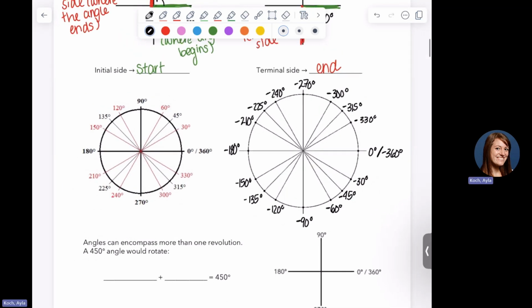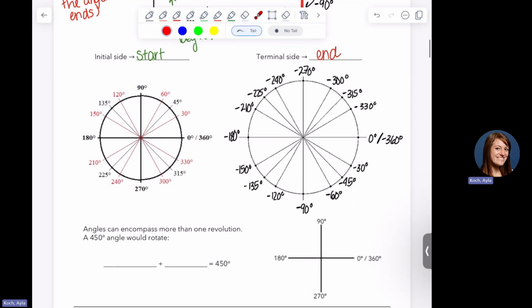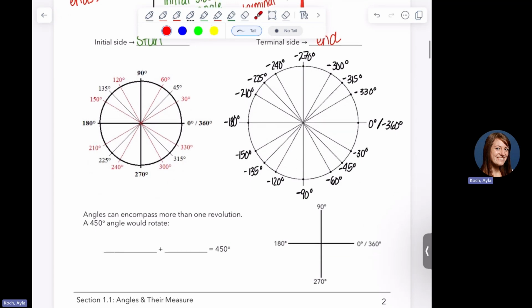So here we have the positive direction in the counterclockwise direction, and then the negative angles in the clockwise direction. Now, an angle can go more than 360 degrees or less than negative 360 degrees. It would just go around more than once. For instance, a 450-degree angle would go around 360 degrees, because 450 is more than 360, so it would make one entire loop.